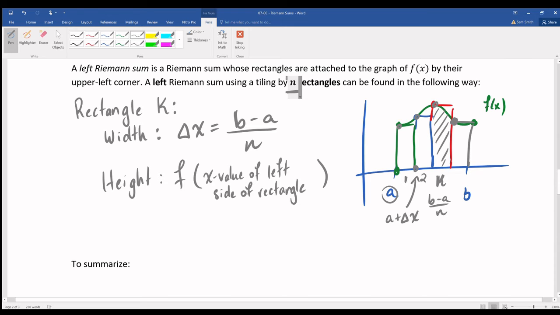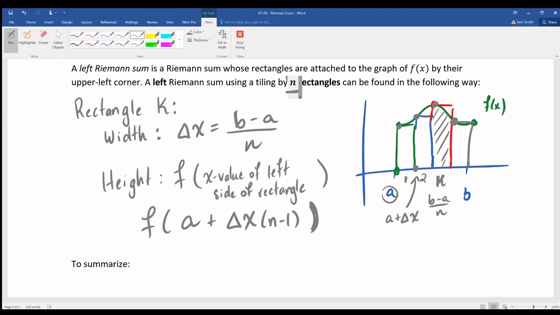And in general, for rectangle number k, you can find the x value of the left side of the rectangle by taking the initial x, a, and adding delta x a total of k minus 1 times. This will bring you to the left side of the kth rectangle in this tiling.